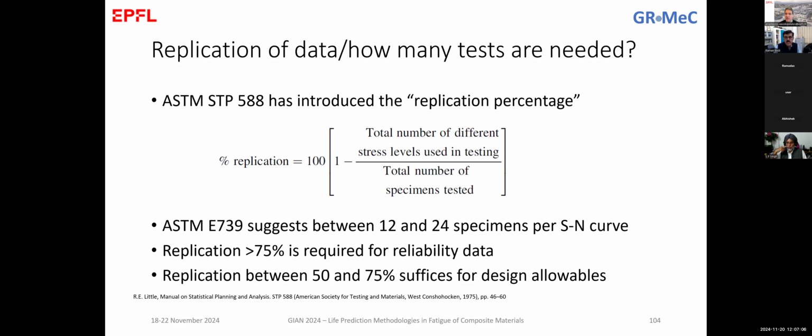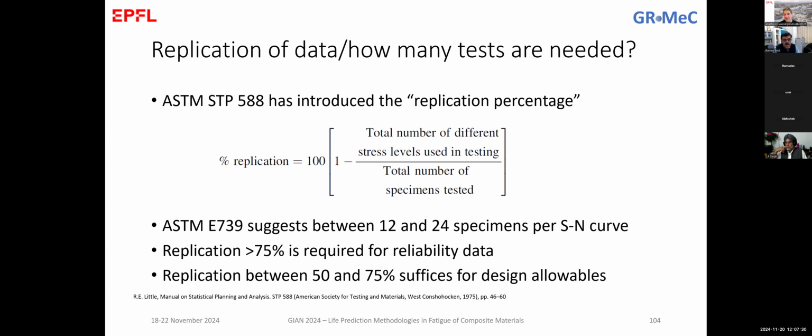And this for me is contradictory, because it says that if you are below 75%, you do not have reliable data. But then the standard says that if you do not have reliable data, you have sufficiently correct data for design allowables. Which you see, it's a paradox.